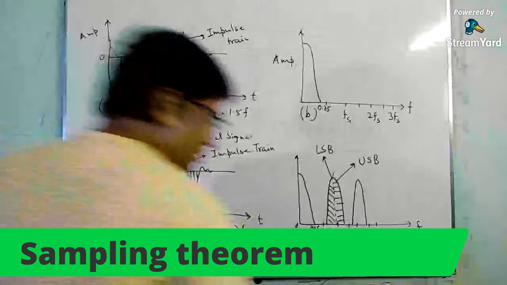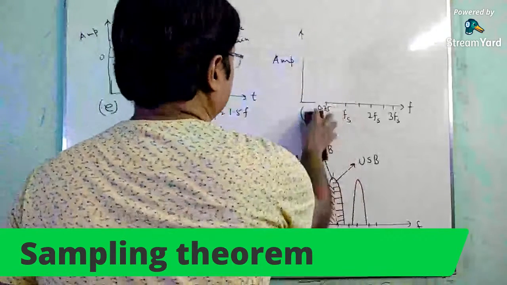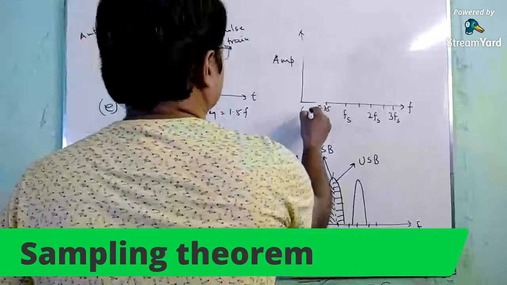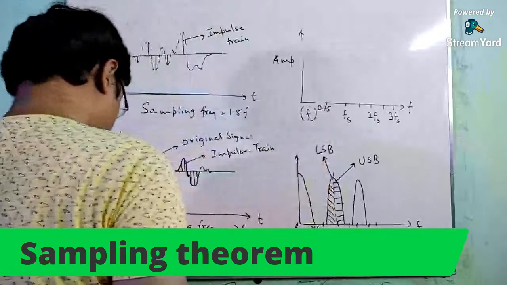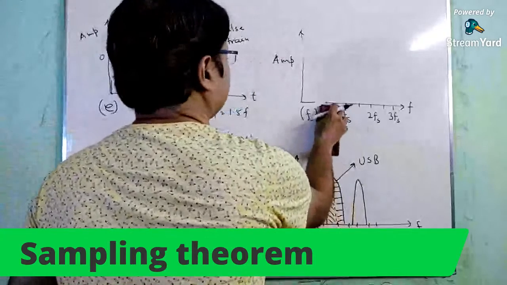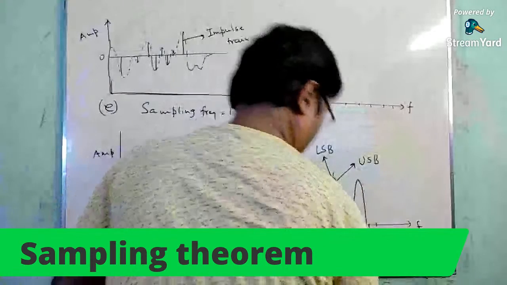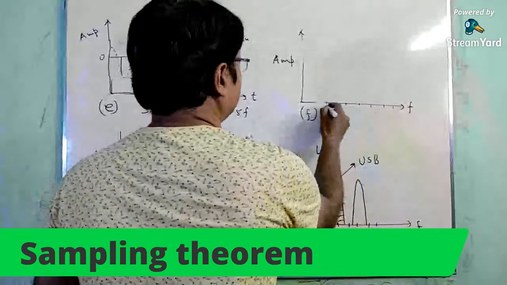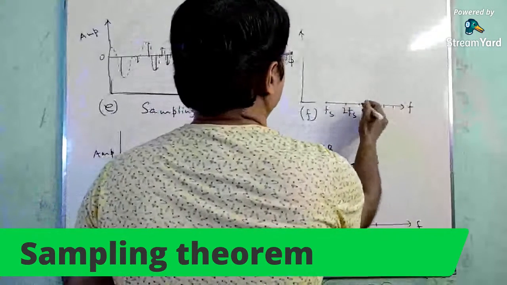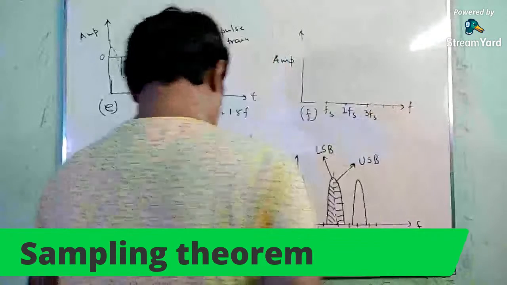Now if we draw the frequency domain of this undersampling case, let it be figure F. So this is our Fs, this is twice Fs, let it be thrice Fs, and so on.